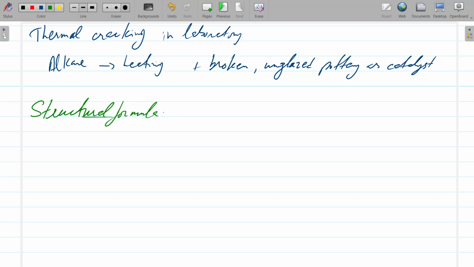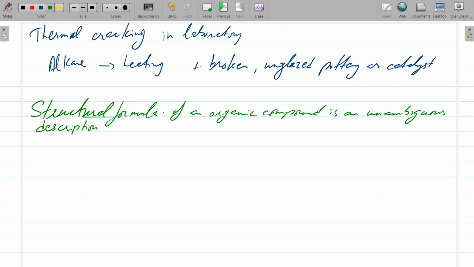And by definition that's given in the text, a structural formula of an organic compound is an unambiguous description, meaning that it is not confusing in any way.